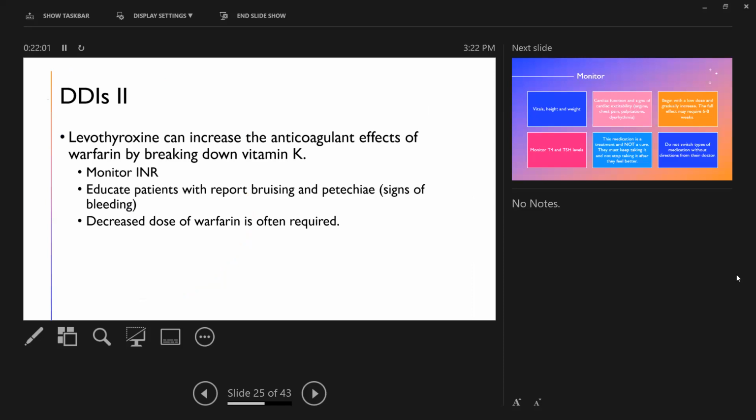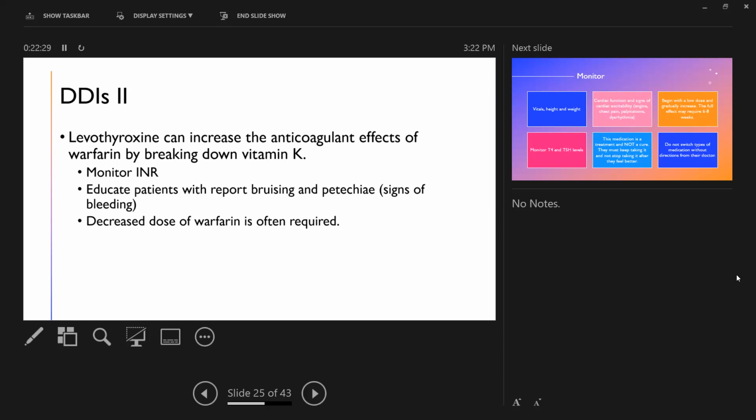And levothyroxine increases the breakdown of vitamin K. So it can mitigate the effects of warfarin. It increases warfarin effects. Therefore, you'll get a lowered INR. So you want to monitor the INR. Remember, INR needs to be between 2 and 3.